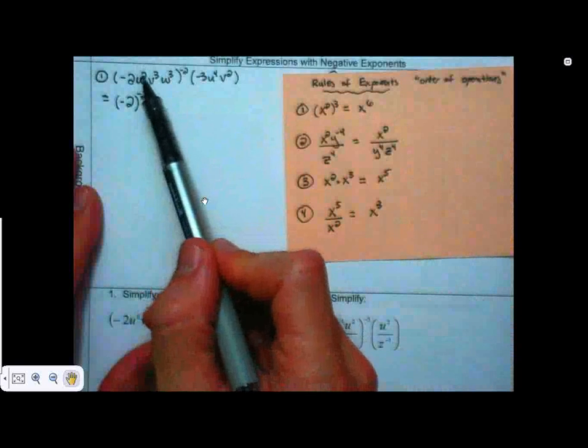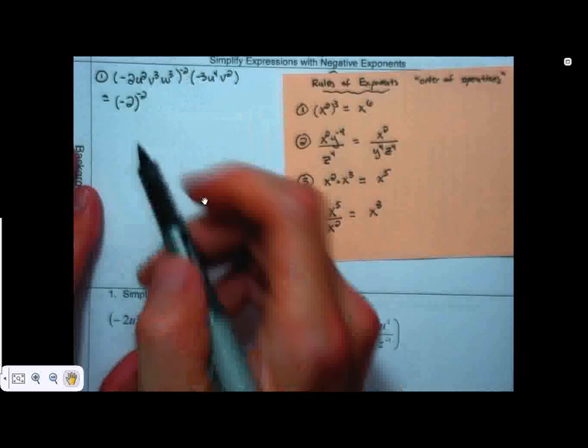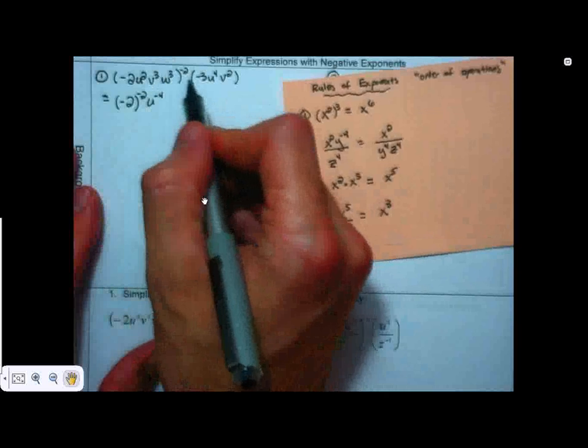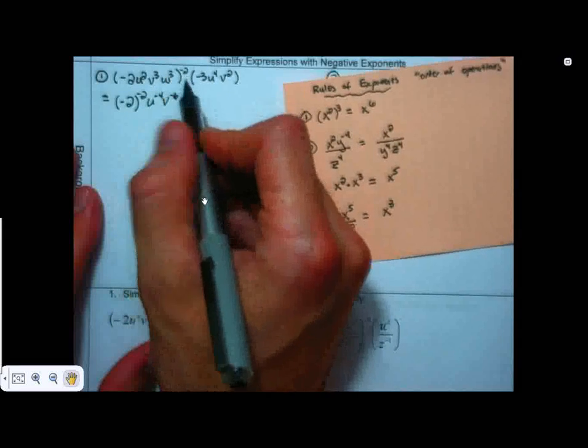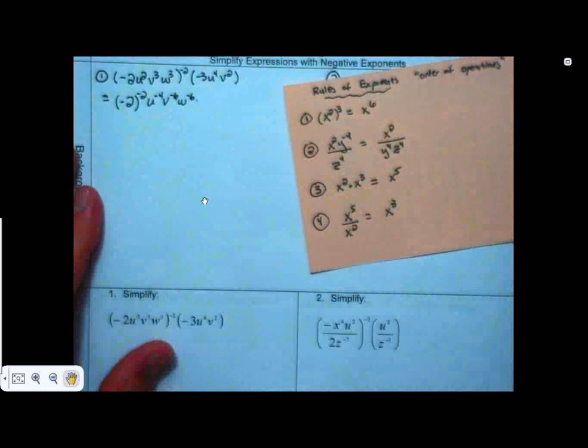So u squared to the -2nd power, when I multiply those exponents, I get u to the -4th. And then v to the -6th, when I multiply those exponents, v to the -6th. And that takes care of my first group.